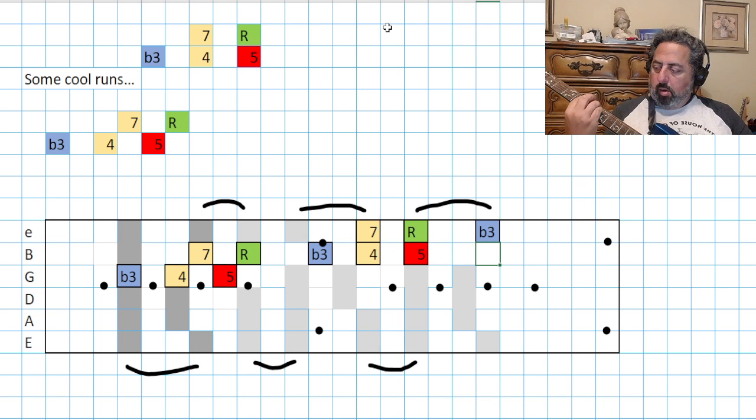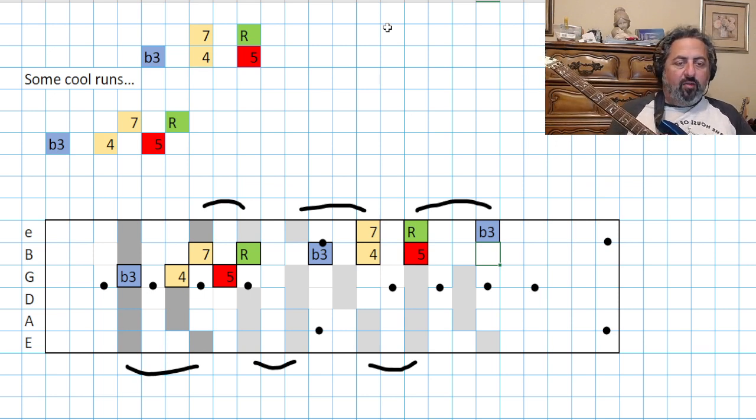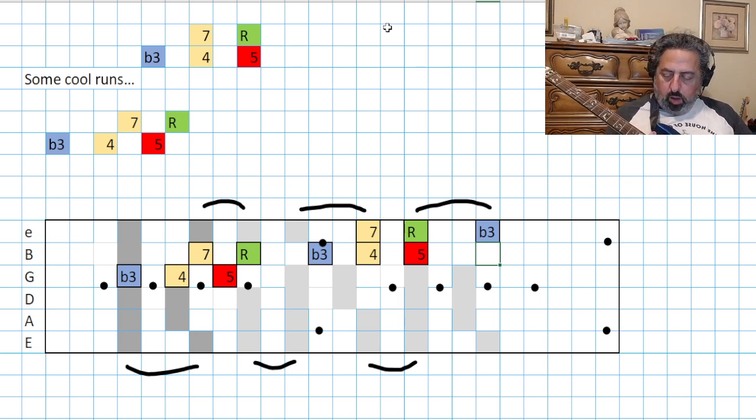So we got... And then we know we've got the... I just was able to do that because I knew the pentatonic shape that I was basically above.